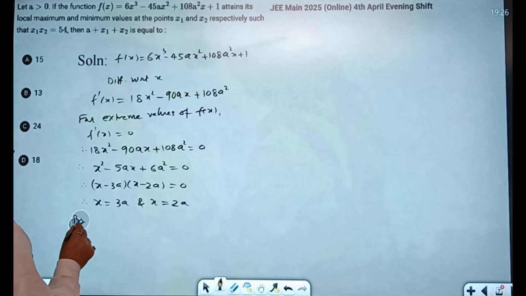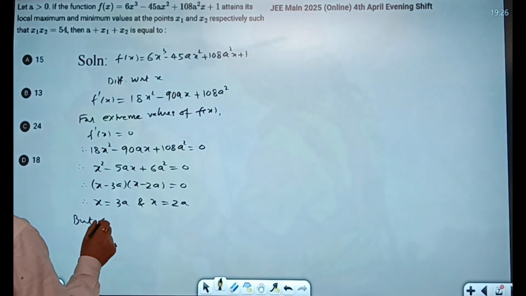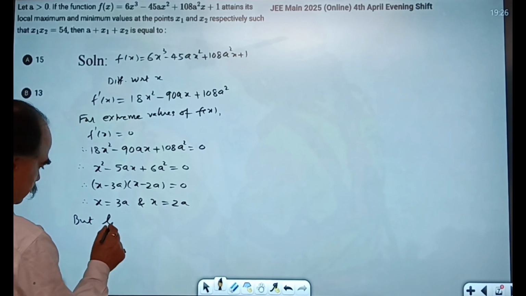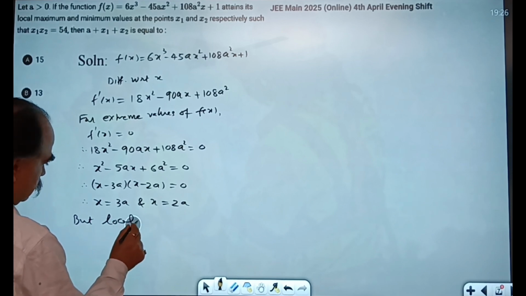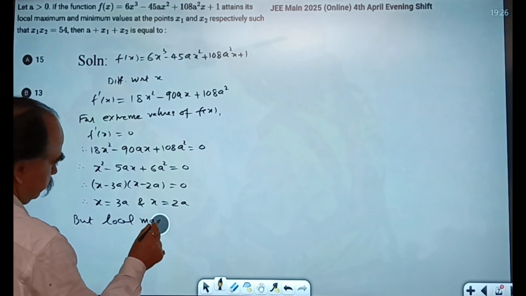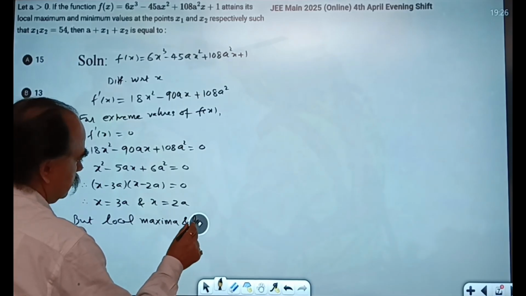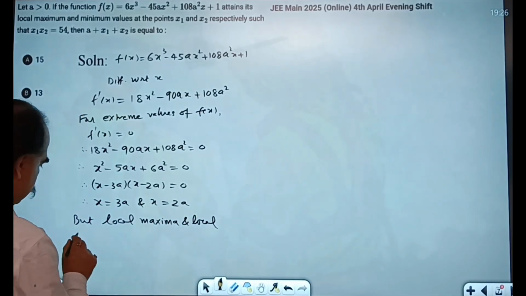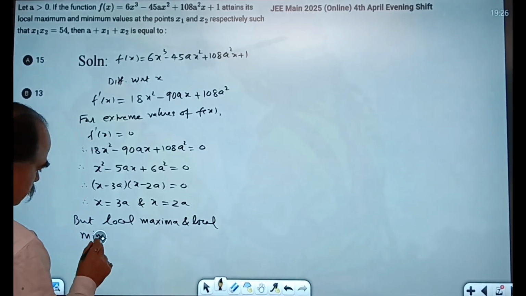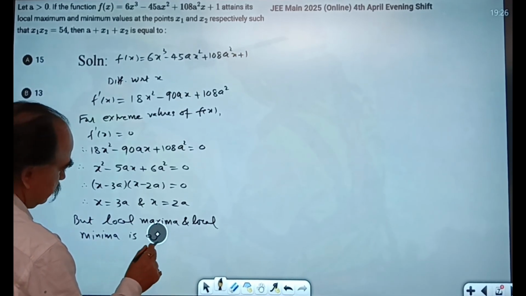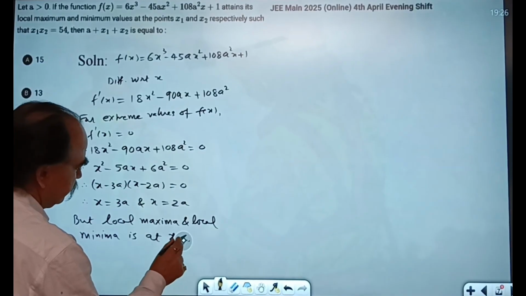But local maximum and local minimum lie at x1 and x2.